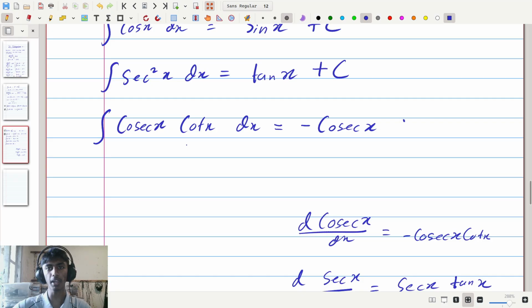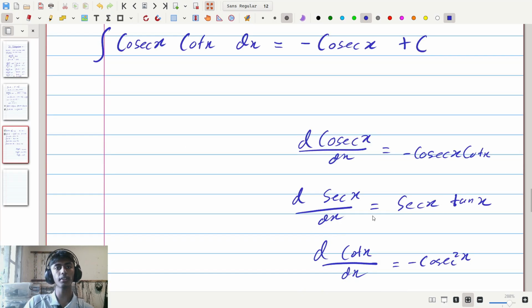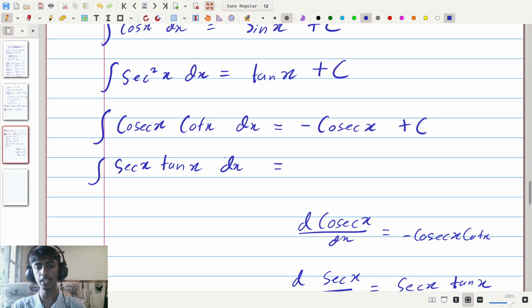Similarly, for the secant of x, we know that the derivative of the secant of x is the secant of x times the tangent of x. Therefore, the integral of the secant of x times the tangent of x taken with respect to x is going to be equal to simply the secant of x plus c.